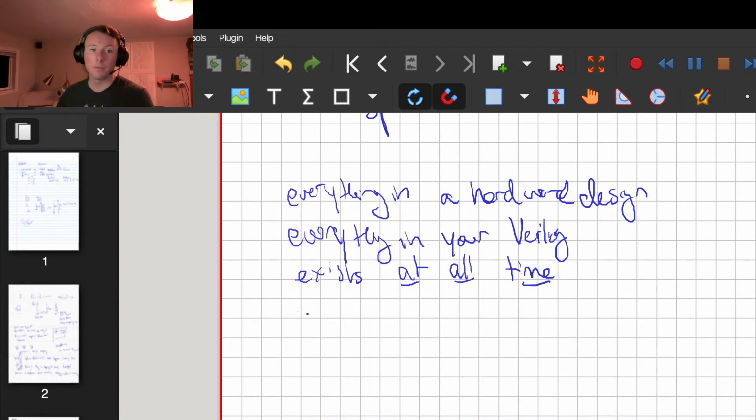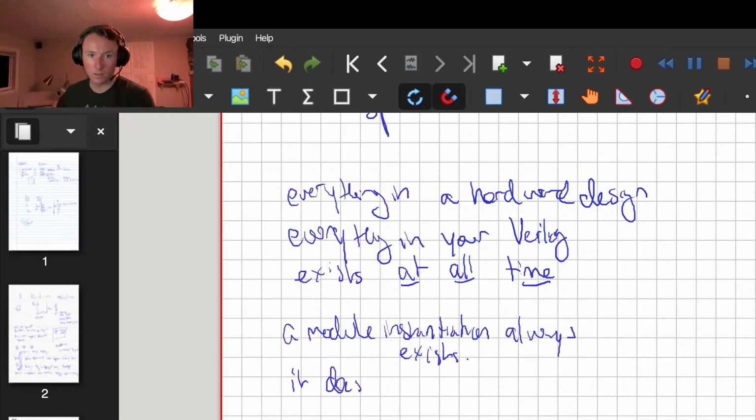And so maybe boiling this down to the modules versus functions case, a module instantiation always exists. It does not "terminate".